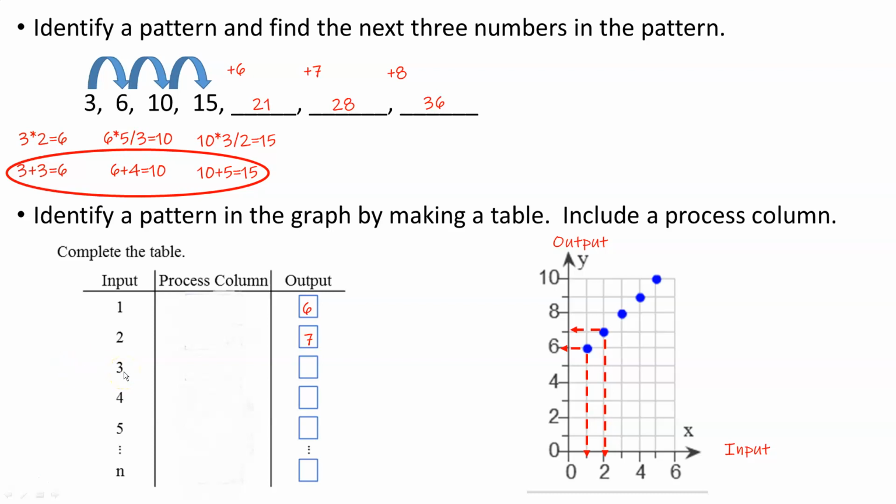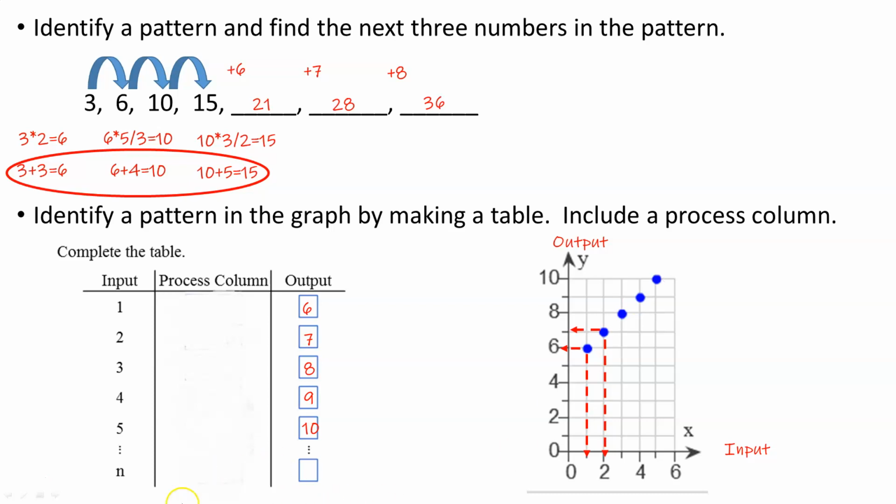Okay, what about the input is 3? Okay, find 3 on the input. Our output is 8. And here our input is 4, our output is 9. And for 5, our output is 10.